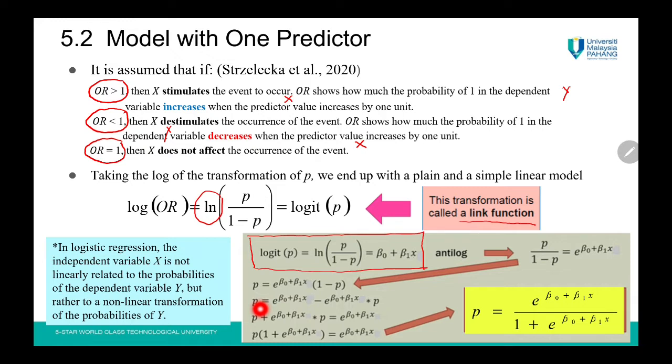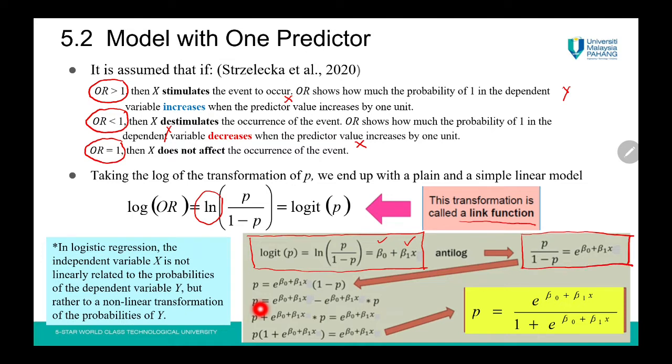Remember that the simple linear regression model consists of beta naught plus beta 1 X. By using the antilog of this equation, we get P over 1 minus P equals e to the power of beta naught plus beta 1 X.